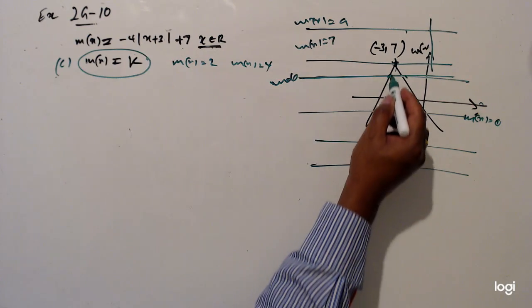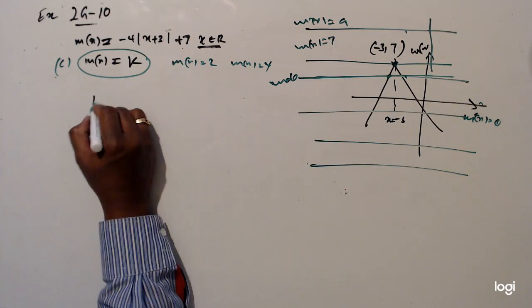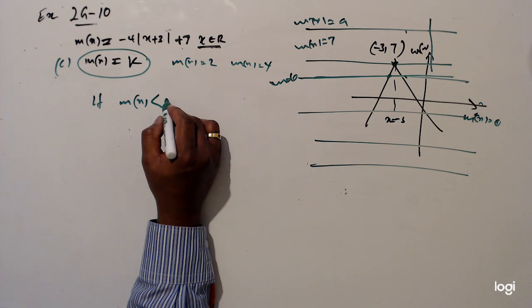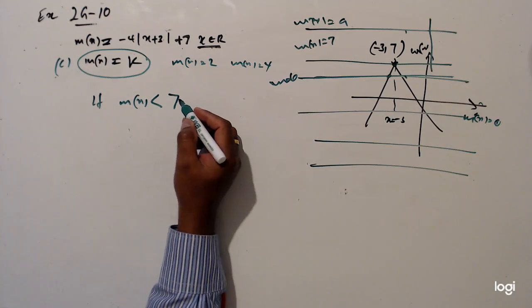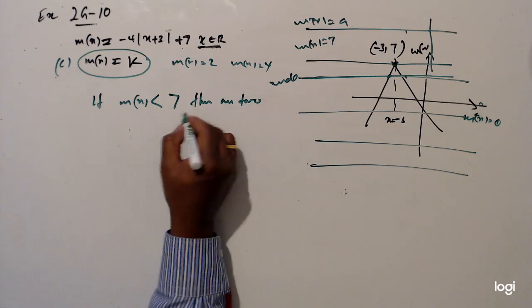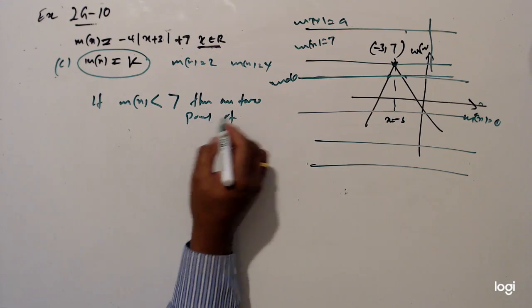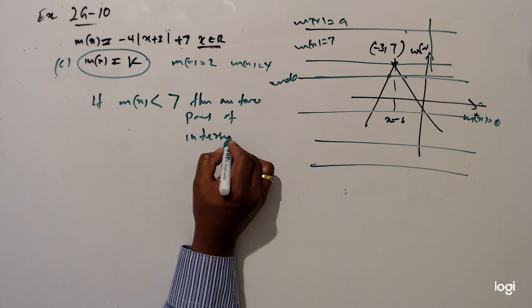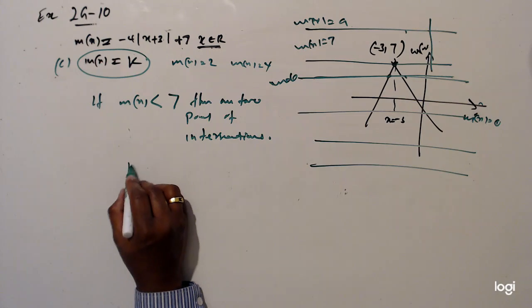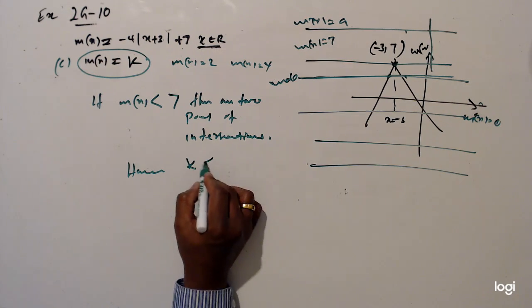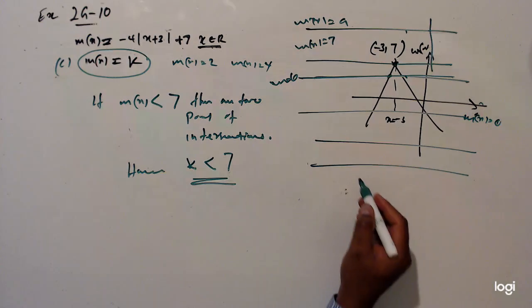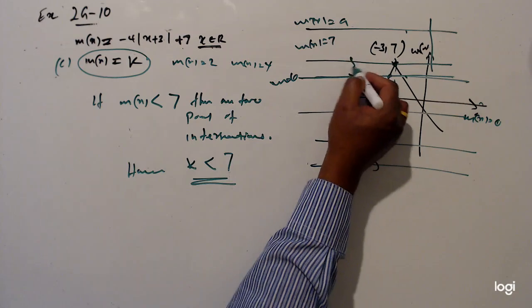Basically, by observation, you can see if k is less than 7, there are two points of intersection. Hence, k should be less than 7. Those are parallel lines to the x-axis.